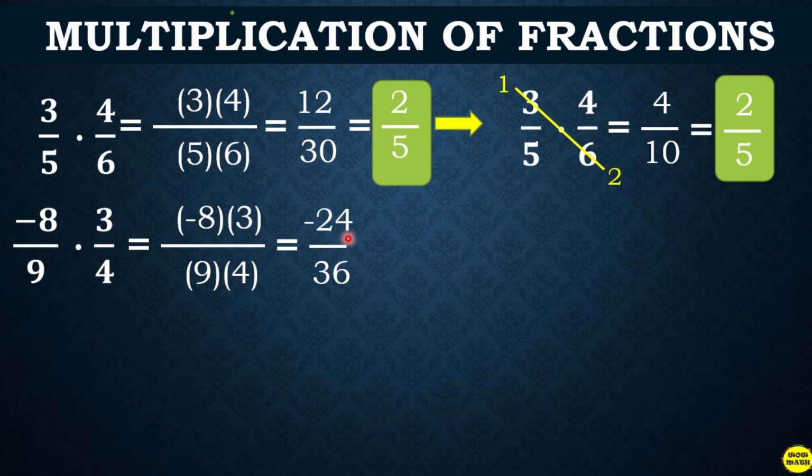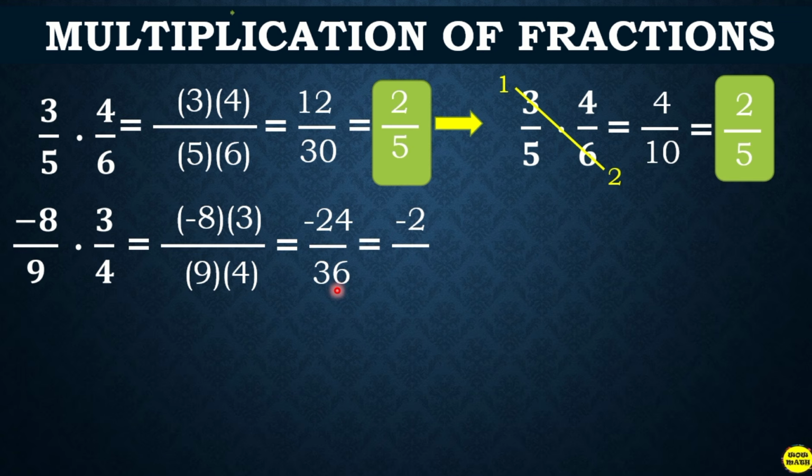Pwede pa natin siyang i-divide by 12 pala. So, kukunin natin yung highest, greatest common divisor. So, 24 divided by 12, so that is 2.